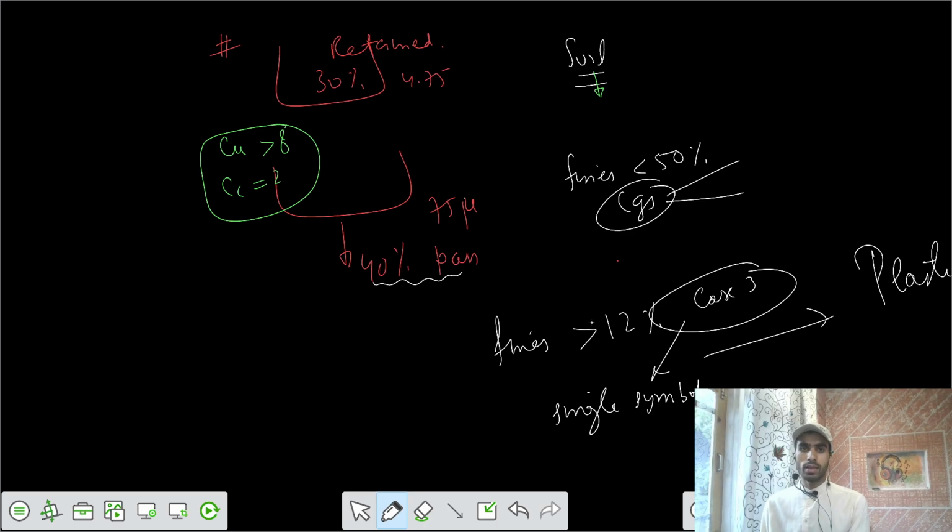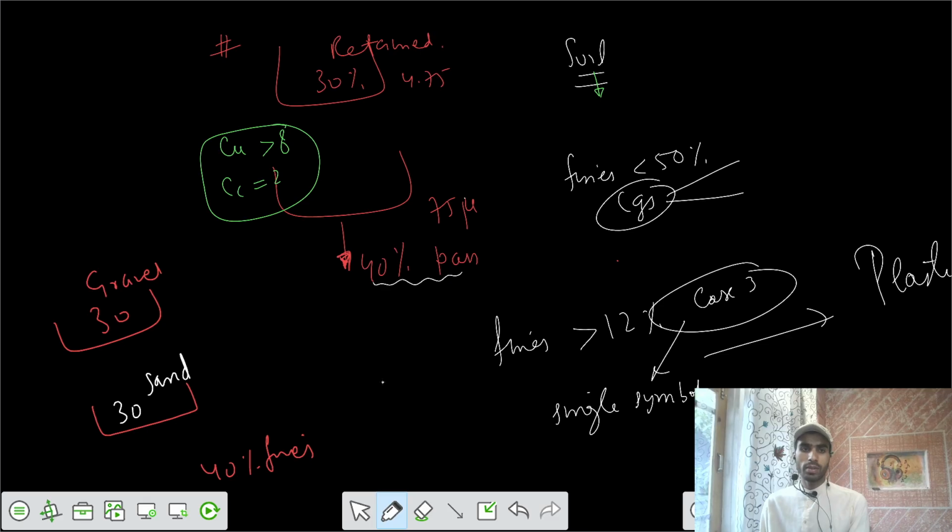One more statement is there, that if this is 40%, can you tell me what is retained on sand? What is the total sand part? So this is gravel. 30% is gravel. That means 40% is fines. So finally, 30% is also sand.